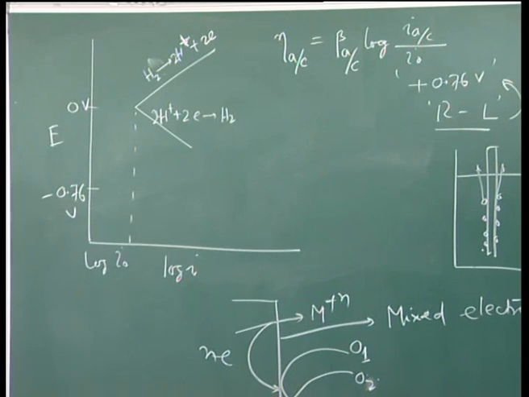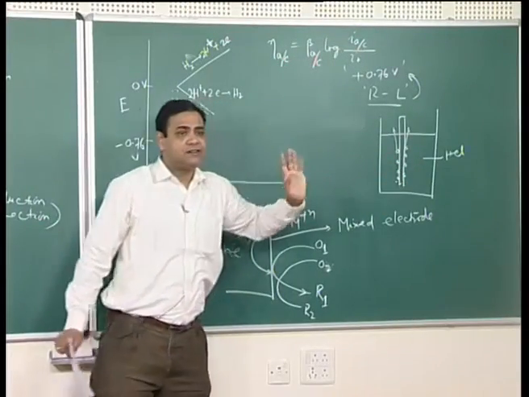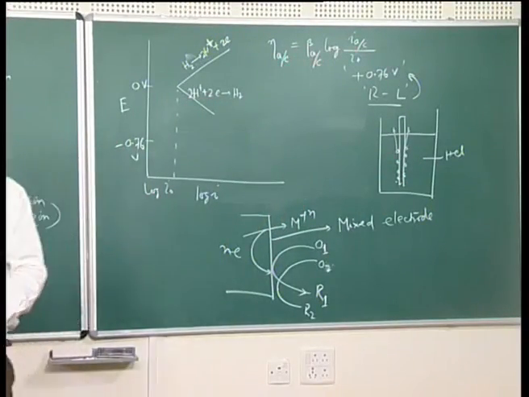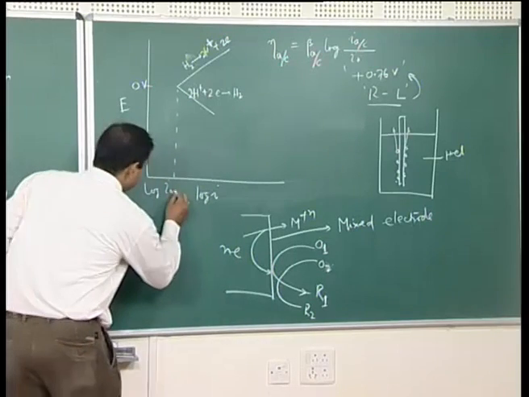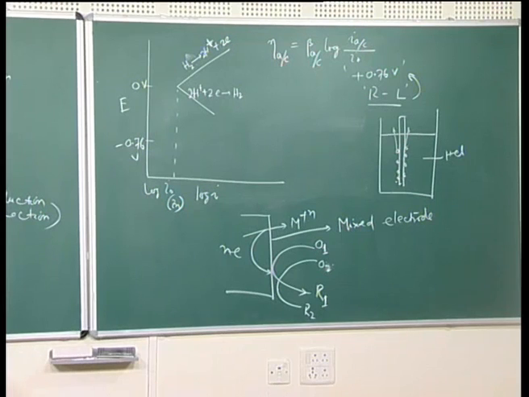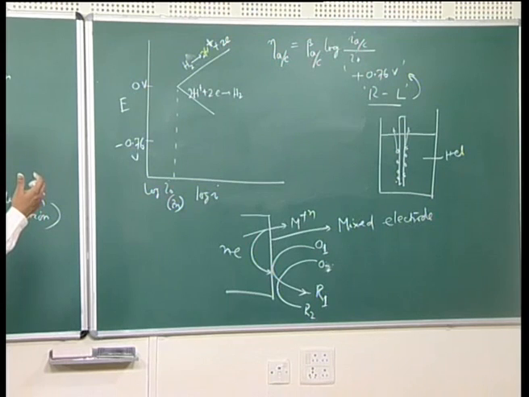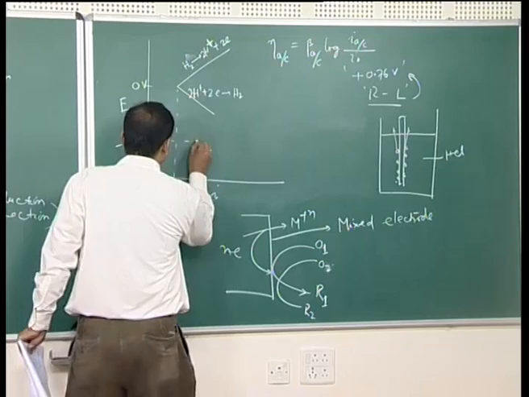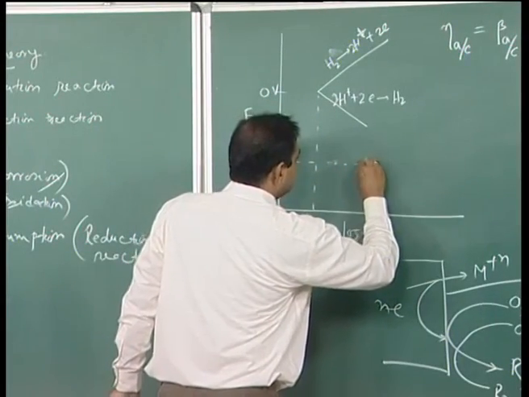And on what surface? We have to understand on what surface the cathodic reaction is taking place or the anodic reaction is taking place. Here the cathodic reaction is taking place on the zinc surface, so I have to mention that it is I_0 on zinc. And if you consider individually the polarization behavior of zinc, it will follow this.